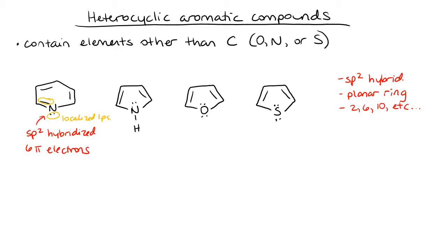For our other 3 compounds, we can see 4 pi electrons each. That means the 6 electrons are going to come from a pair of the lone pairs of the nitrogen, oxygen, and sulfur. So for nitrogen, it's going to donate its lone pair into the ring, similar to what we saw with the aromatic anion. For oxygen, it's going to donate one of its electron pairs, and for sulfur, also is going to donate one of its electron pairs.